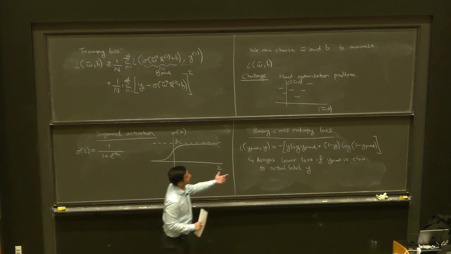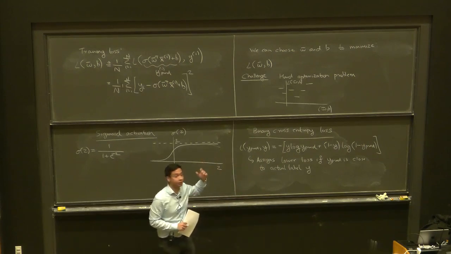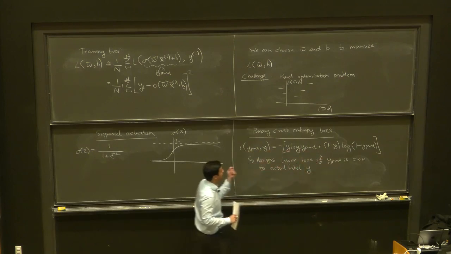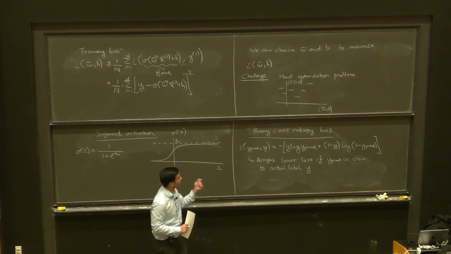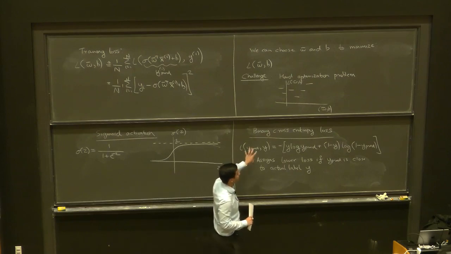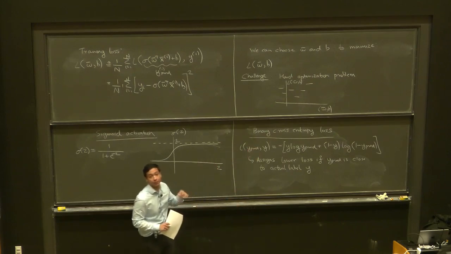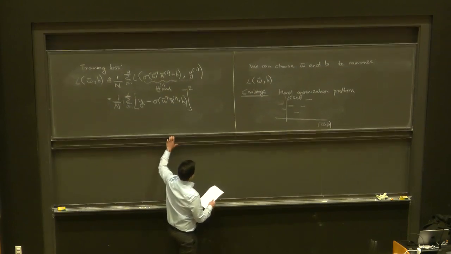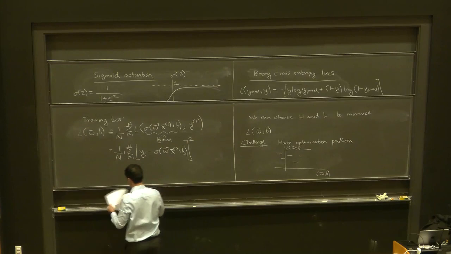The good thing about this, compared to the previous loss function we had chosen, is that this is continuous. I can change the predicted y a little bit, and that's only going to change my loss by a little bit.